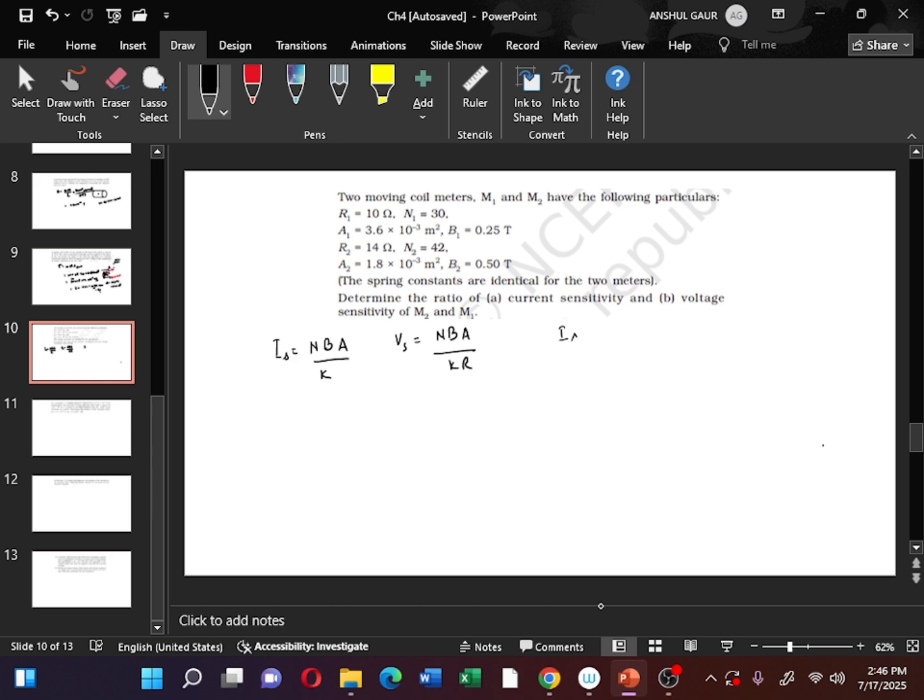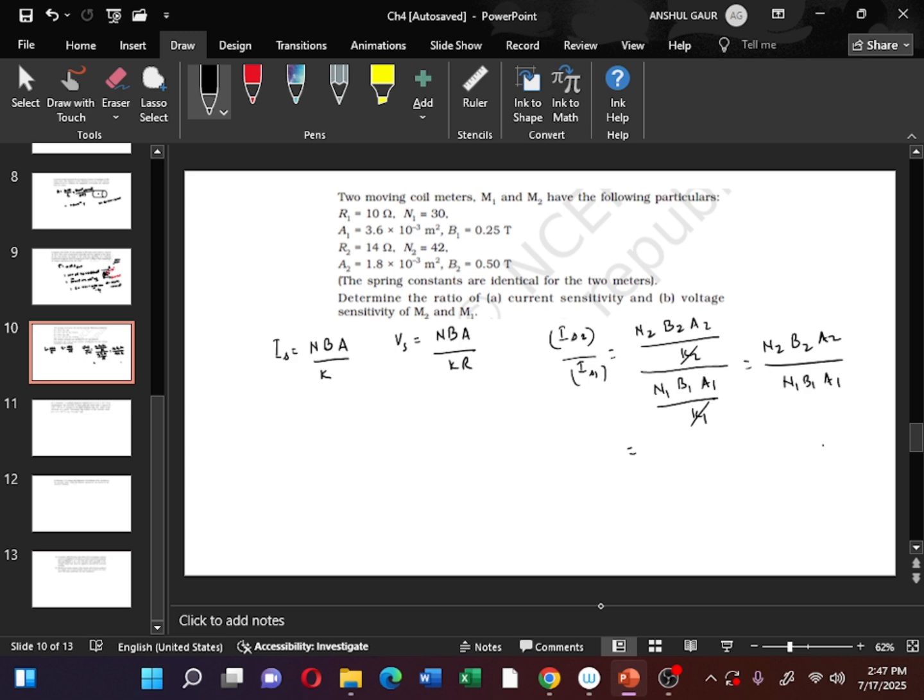So in the first part, we have to find out the ratio Is2 upon Is1. Is2 is given by N2, B2, A2 upon K2, and Is1 is N1, B1, A1 upon K1. As given in the problem, the spring constants are identical. It means that K1 and K2 are the same, so they cancel out. So we can say that the ratio of the current sensitivity is N2, B2, A2 upon N1, B1, A1.